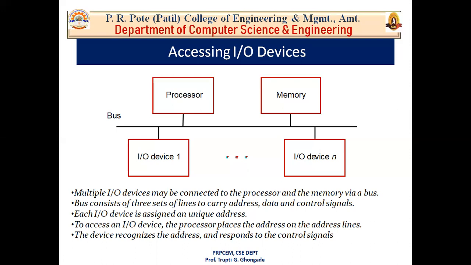The processor places the address of the printer, the address of the particular port to which the printer is connected. When the processor places that address on the address line, the printer recognizes that this address is associated with it. The printer then responds to the command issued on the control lines. If the address does not match the printer, it will not print those pages.